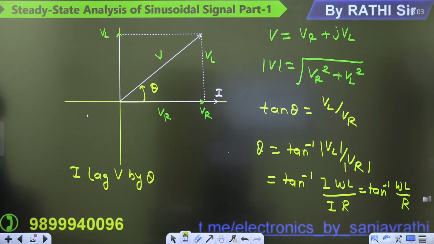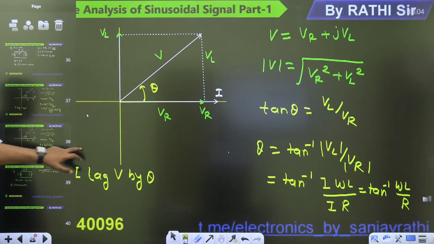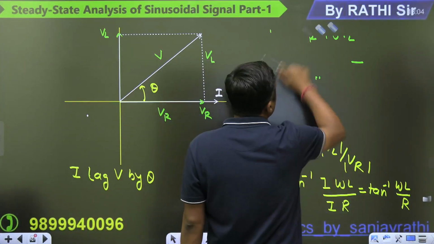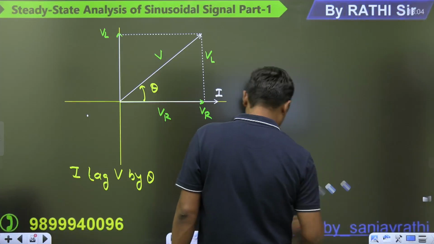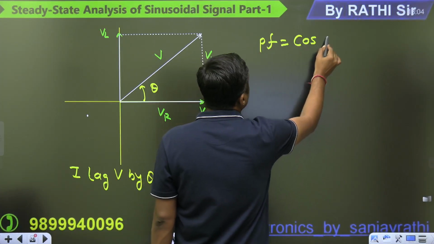If you have the value of theta, cos theta will give you the power factor. The power factor is equal to cos of theta.